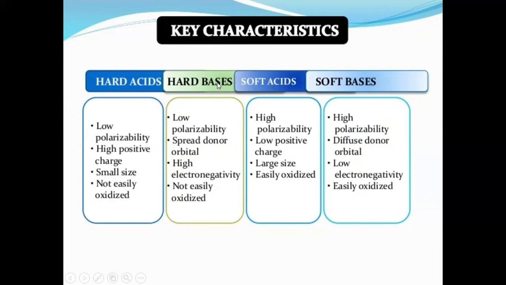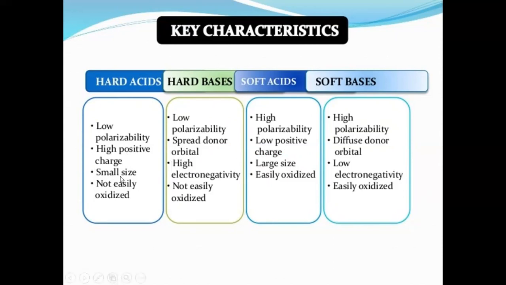Next, coming to the hard bases. Even these have low polarizability. And as hard acids have high positive charge, hard bases have high electronegativity, and they spread the donor orbital. Here high positive charge, here high electronegative charge.